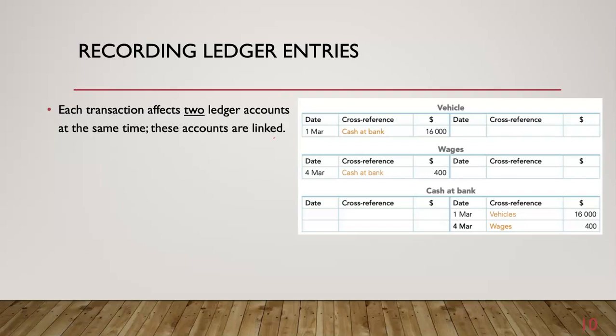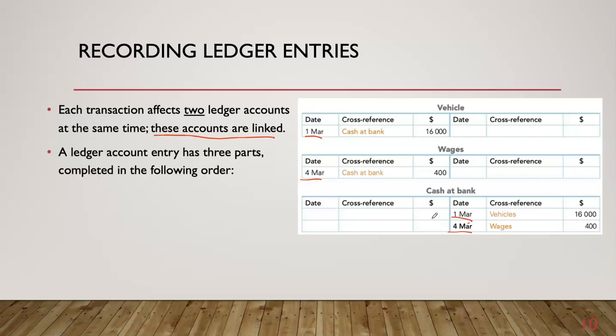Hopefully you've understood, though, that these 2 accounts are linked because they reference the same transaction. And you might notice on the dates on the right-hand side, I have 2 records for the 1st of March and 2 records for the 4th of March. That's because there has been 2 transactions and they are linked.